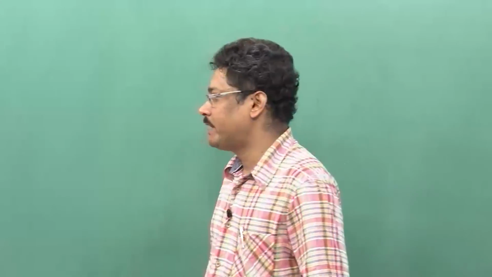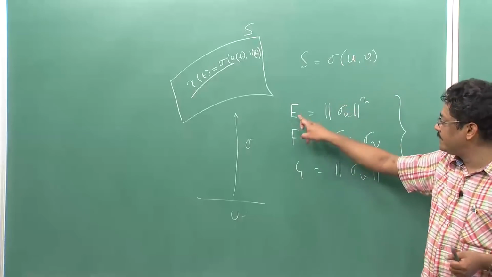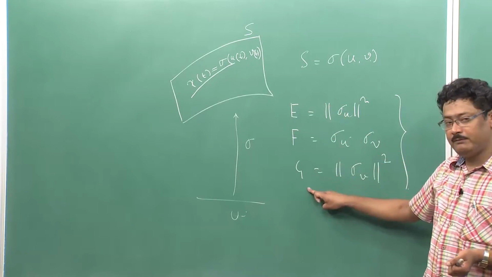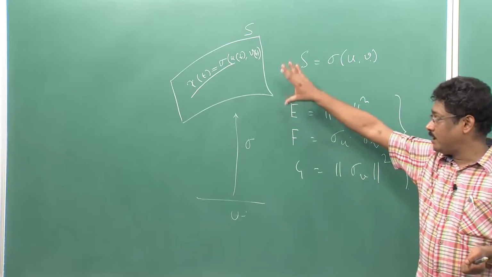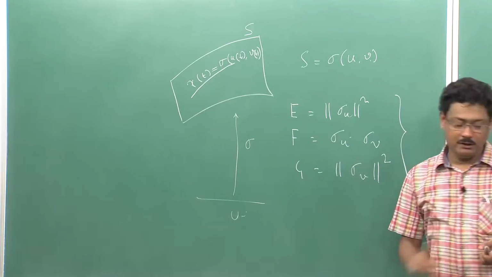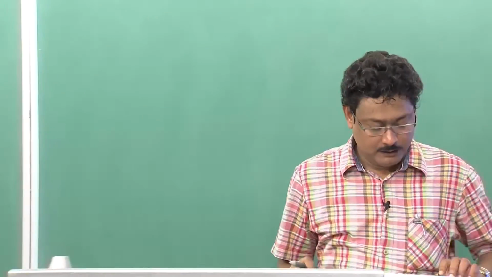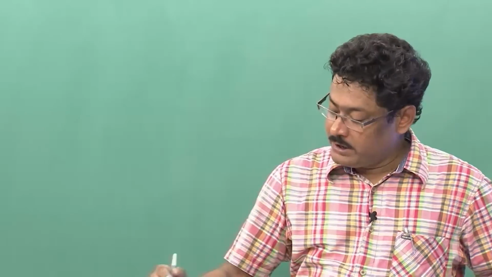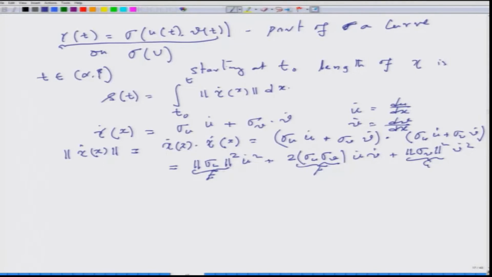So, corresponding to the surface patch sigma, I define these quantities E, F and G. This depends on the surface patch. On the same surface, if you have two patches, this E, F and G will change. So, this fellow I can write as E u dot squared plus 2F u dot v dot plus G v dot squared.